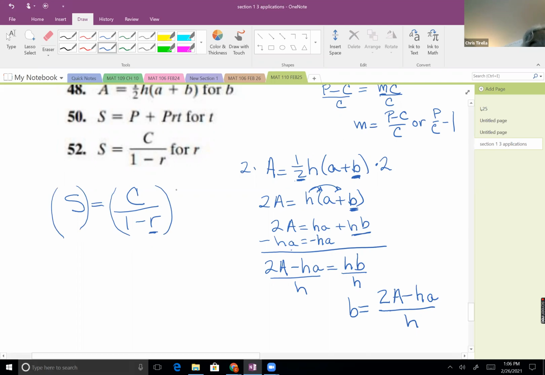Here, the only denominator is that 1 minus R. So I'm going to multiply both sides by that. So that'll give me S times 1 minus R is equal to, the 1 minus R's cancel and I get C.